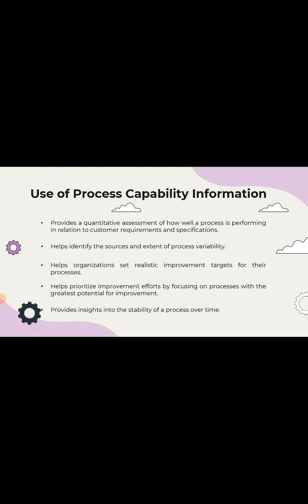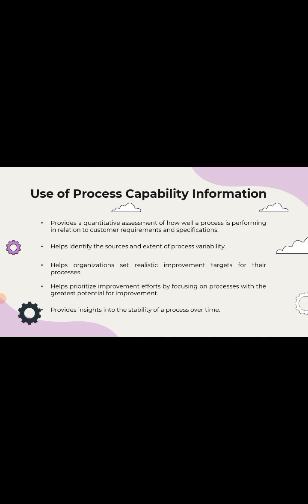Second, it helps to identify the sources and extent of process variability. Third, it helps organizations set realistic improvement targets for their processes. Fourth, it helps prioritize improvement efforts by focusing on processes with the greatest potential for improvement.